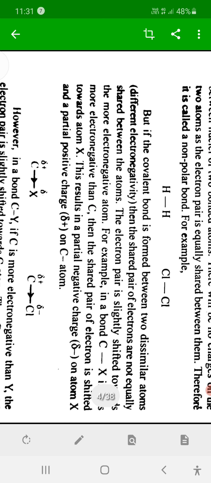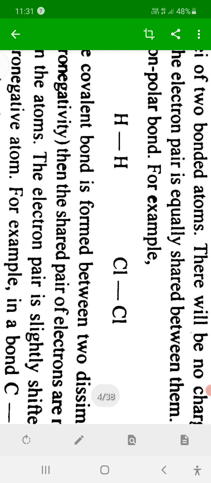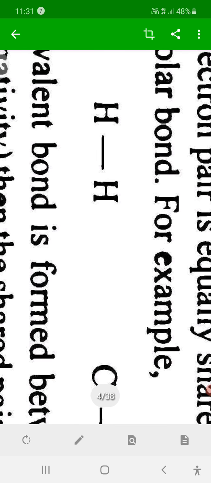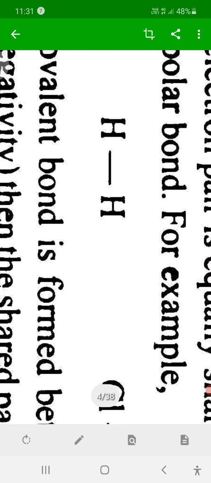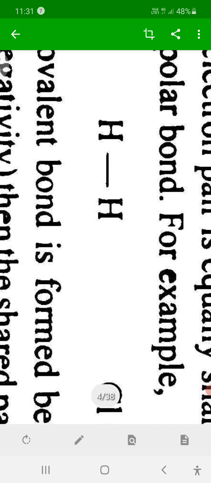Then in homoatomic bonds, the bonding electron pair, that bond, is shown here by a dash between the two atoms, and one dash represents two electrons. That bond is formed by mutual sharing, meaning one electron is from this atom and another electron is from that atom.